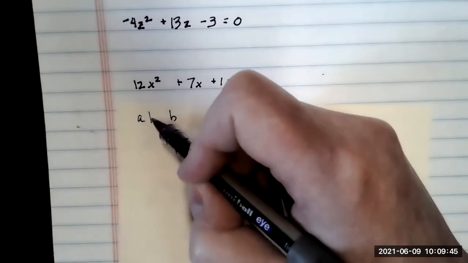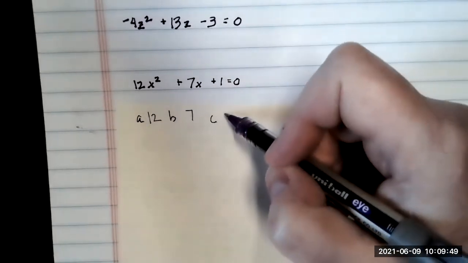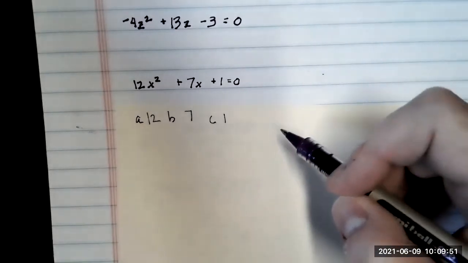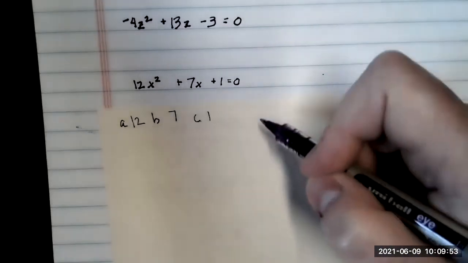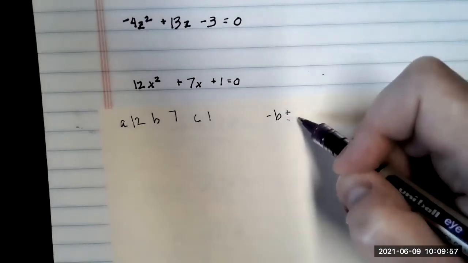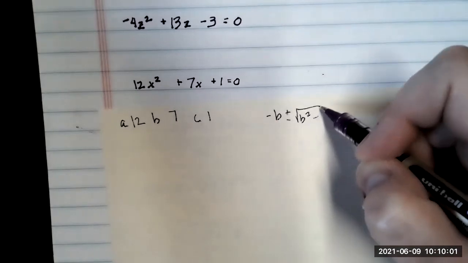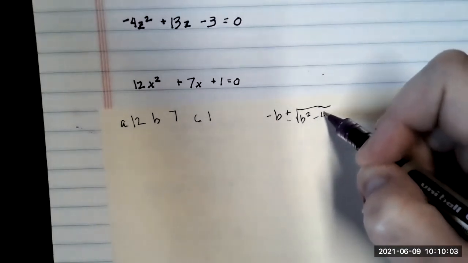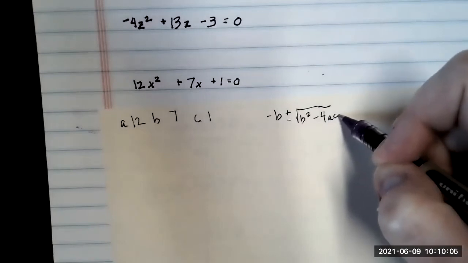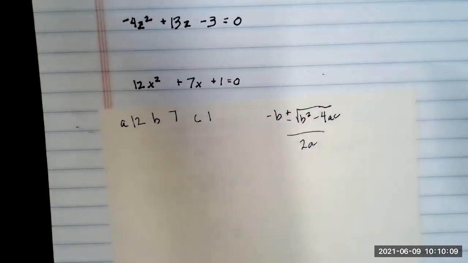This one, a is 12, b is 7, c is 1. And then we have our formula: negative b plus or minus the square root of b squared minus 4 times a times c over 2 times a.